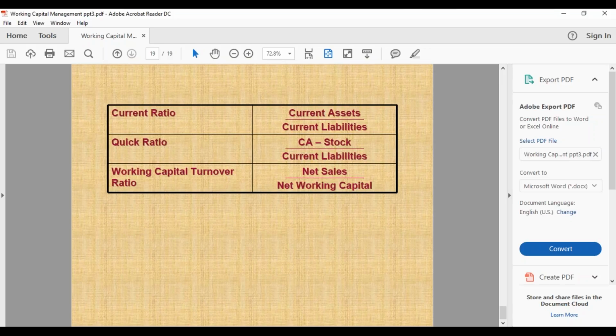See, net working capital is net current assets minus net current liabilities, and you have to prepare a statement like this. From the data given, write the current assets like cash balance, raw material, work in progress, finished goods, debtors, and total current assets.